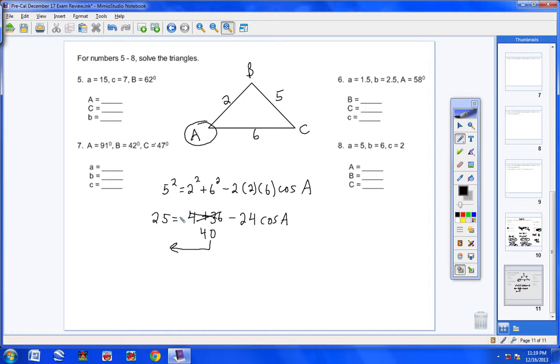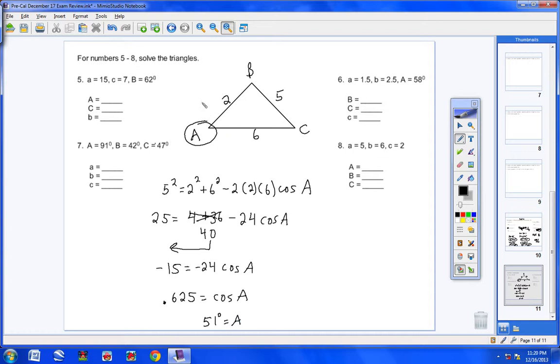And after I've done all of that, I'm going to end up with negative 15 equals negative 24 cosine of A. Now we're going to go ahead and divide both sides by negative 24, and if I do that correctly, a negative divided by a negative is a positive, and 15 divided by 24 is 0.625 equals cosine of A. Now hit second cosine of 0.625 and you will get 51 degrees for angle A. 51 degrees.